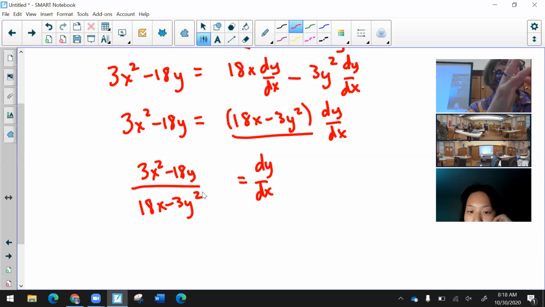It might look like it's a fraction, but it's not. Later on, that will change, but for right now, it's dy/dx, not dy divided by dx.